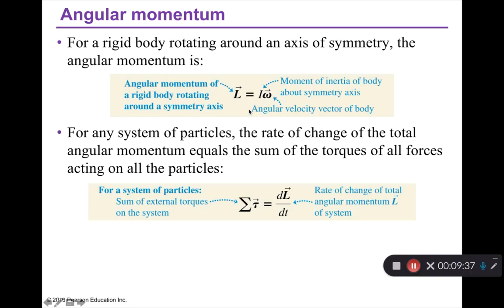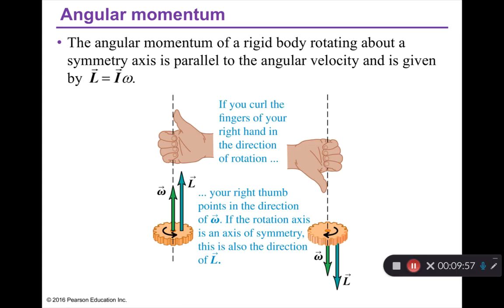In an isolated system, angular momentum is always conserved. Just like with regular momentum, remember the sum of the forces is the derivative of momentum with respect to time, while the sum of the torques is the derivative of angular momentum with respect to time.